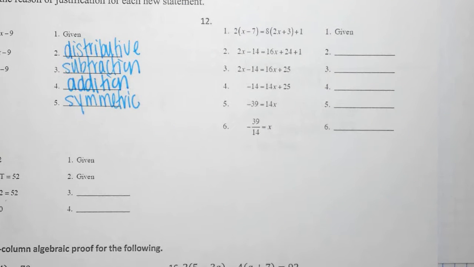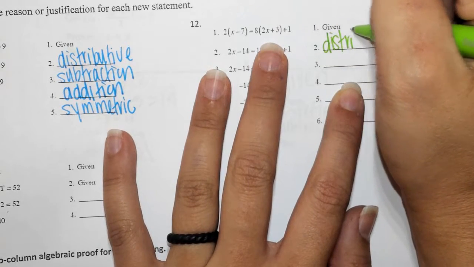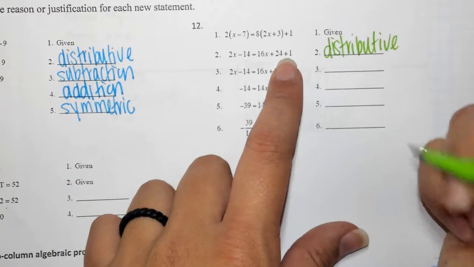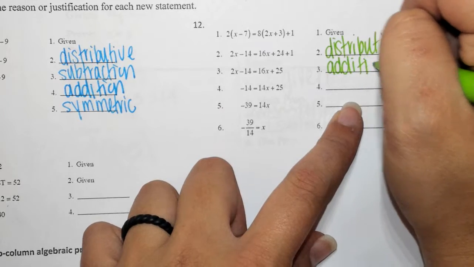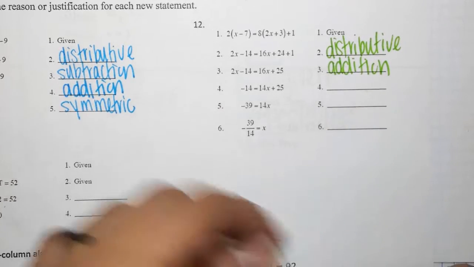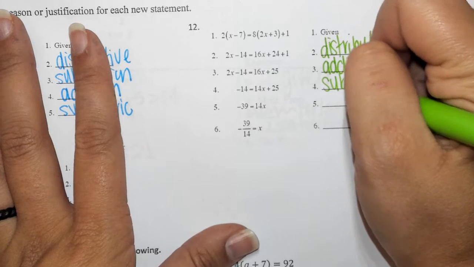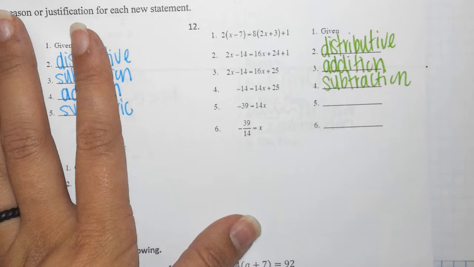What did y'all get for number 2? Distributive. Standard. Alright, and then they combine like terms by doing what? Addition. Alright, and then what did they do? Alright, number 5.